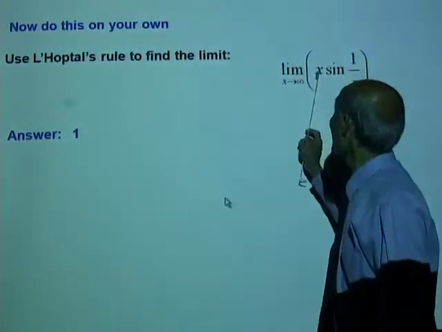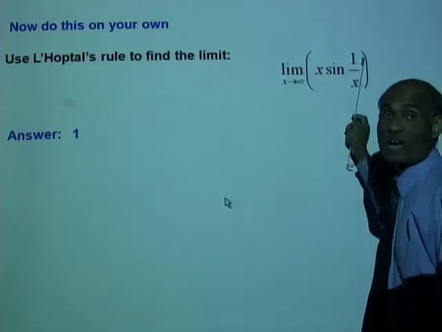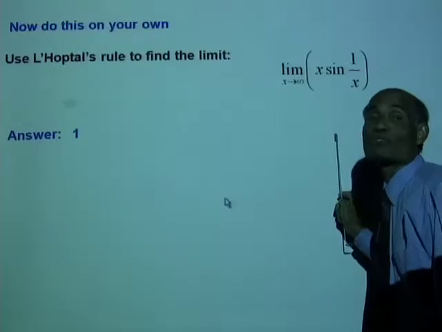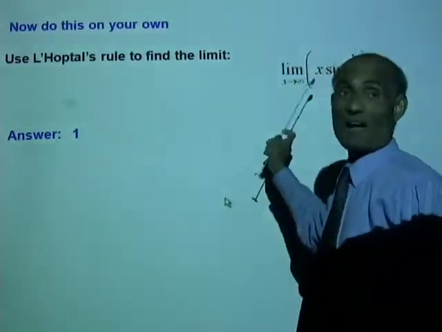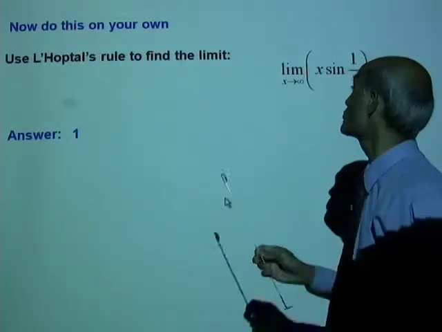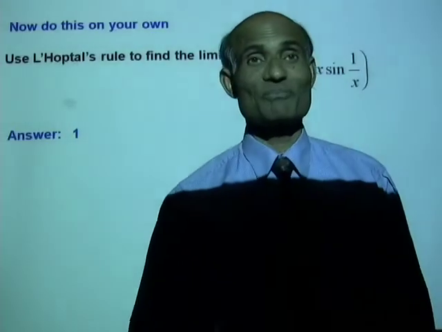The same way, x sine 1 over x can be written as sine 1 over x divided by 1 over x. That's right. There you go. Now you can proceed and see how you can get the results there. What is the limit as x approaches infinity of x sine 1 over x? All right?